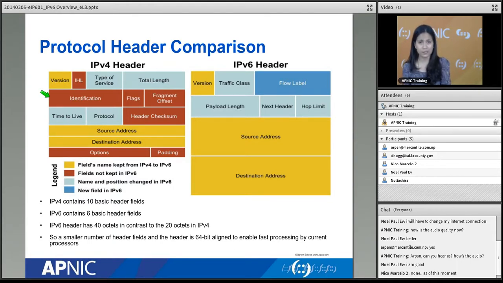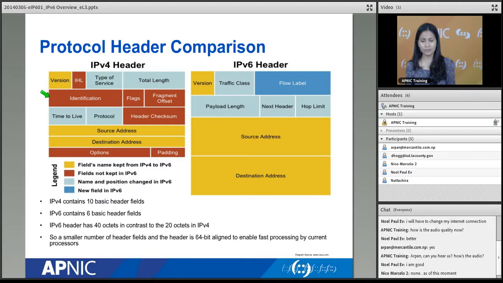So it just adds up to the workload that is done by your routers. And routers, as you know, have to process millions of packets every minute. So in order to save some time and make the process faster, they removed some of these fields. So again, the ones in red became optional fields instead.